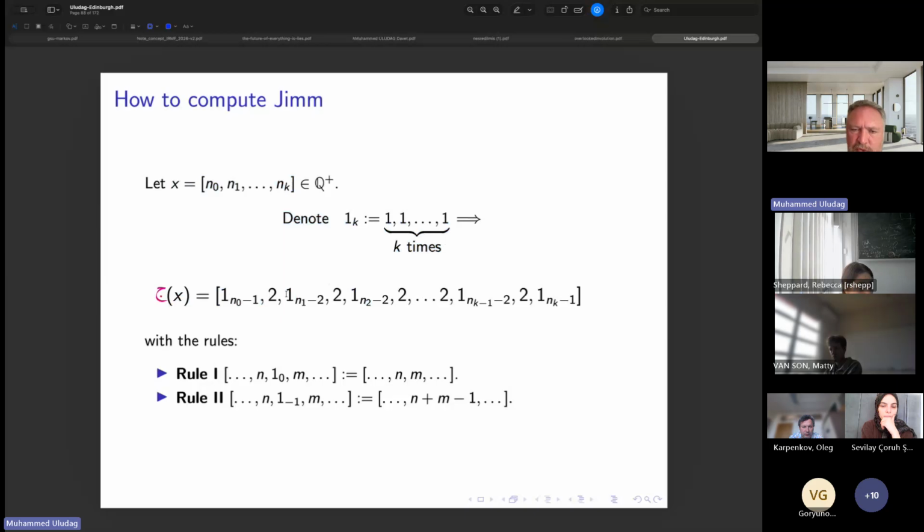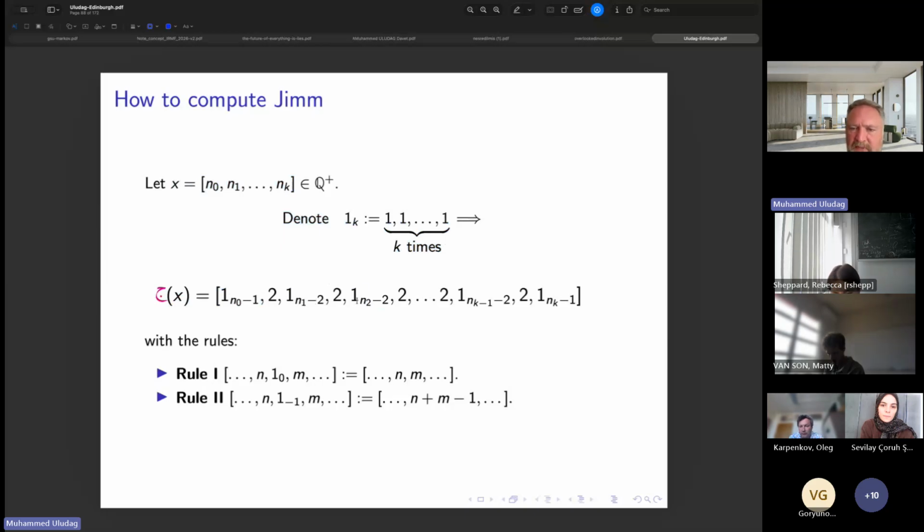And then I put 2 between, and in place of n1, I put n1 minus 2 ones, so 1, 1, 1, 1, 1, etc. And I put 2 again, and then many ones also, and so on. Well, this won't always work.